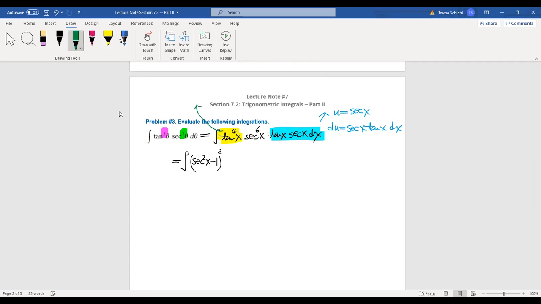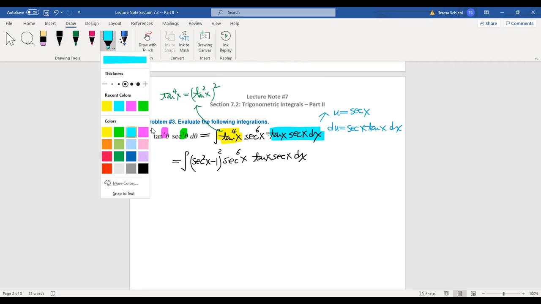Because the tangent to the 4th x is equal to the tangent x squared squared, so it's secant squared minus 1. Then here this is the secant to the 6th, and then the tangent x secant x dx, like we talked before. Then I do a u sub, right?